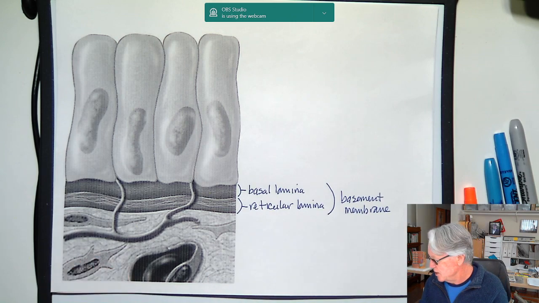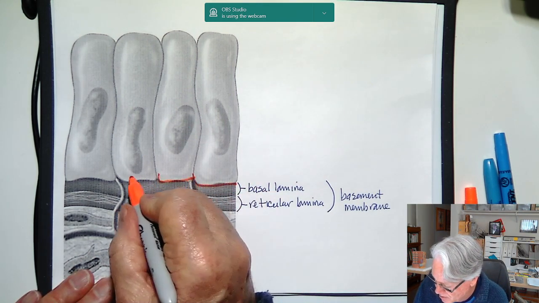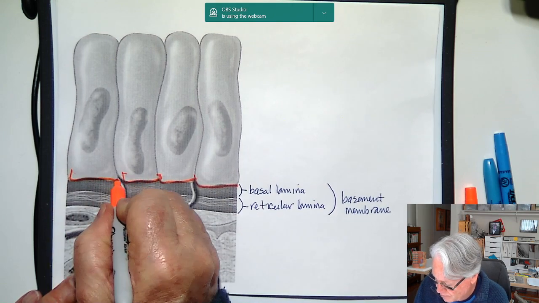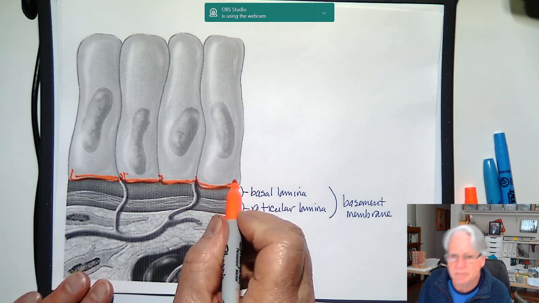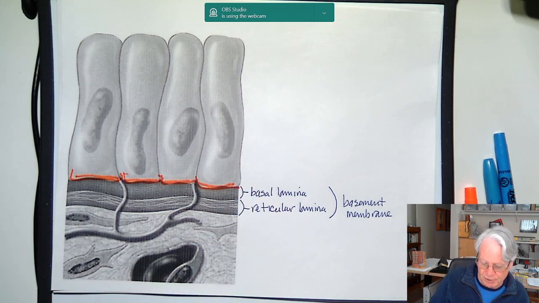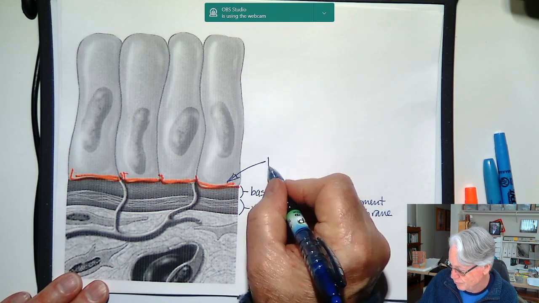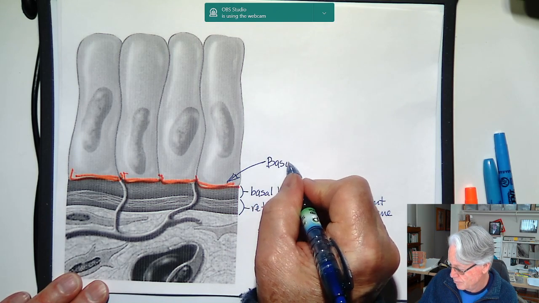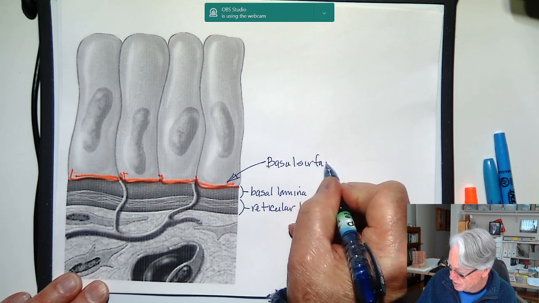Having established that, then we have surfaces. Those surfaces are the basal surface.